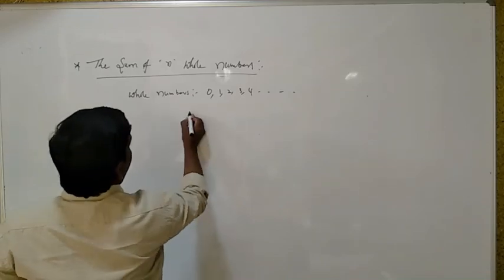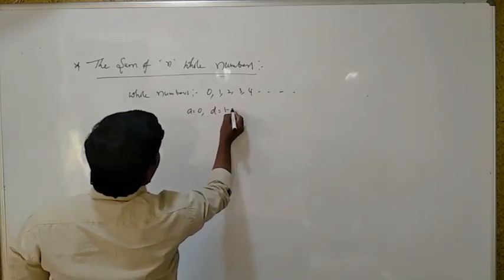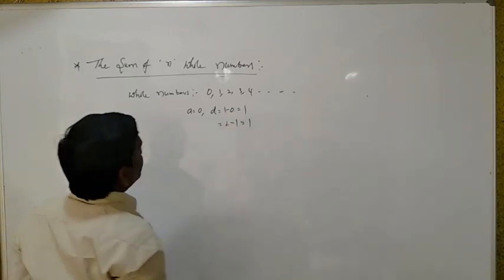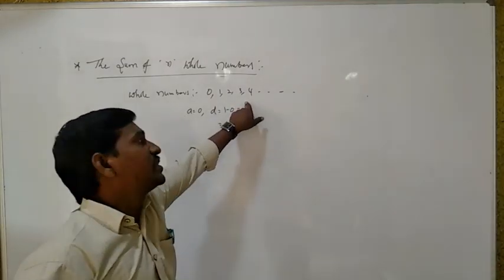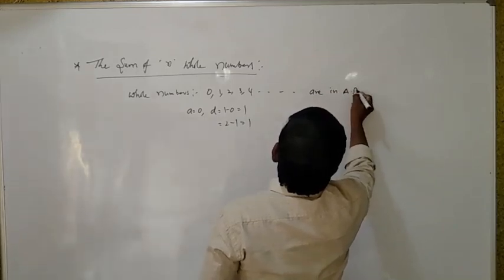Here, a equal to 0 and d equal to 1 minus 0 equal to 1, and 2 minus 1 equal to 1. So the series of the whole numbers is also in AP.